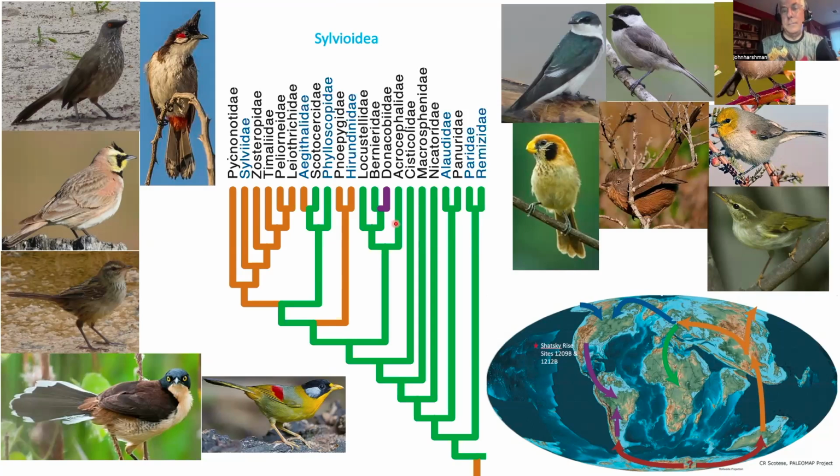They're all in Africa. Possibly it followed the same route. The rest of the families, the core of Sylvioidea, is in Africa and has been in Africa. Some of them got to Asia, and some members of the families in blue managed to make it into America.